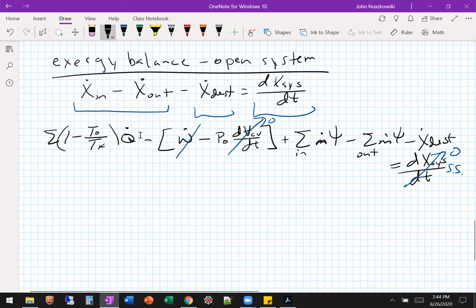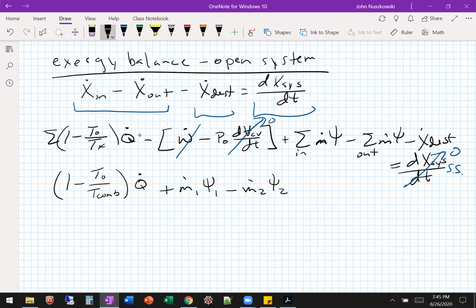All right, so we have a heat transfer. Mass flow rate at 1 is carrying in Exergy, 2 is carrying out Exergy. We have our X destroyed.